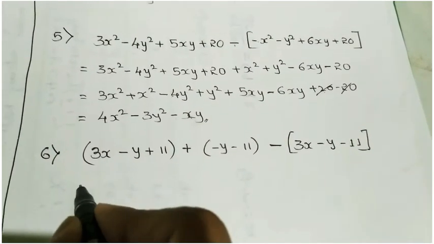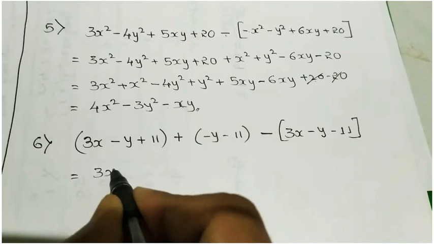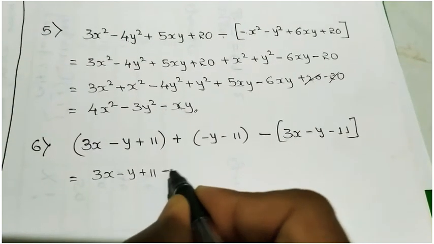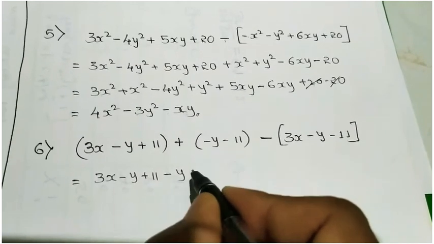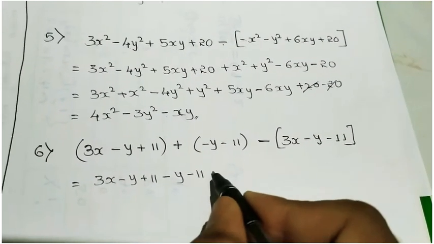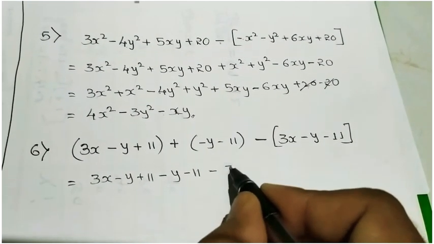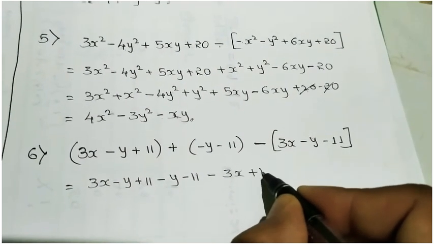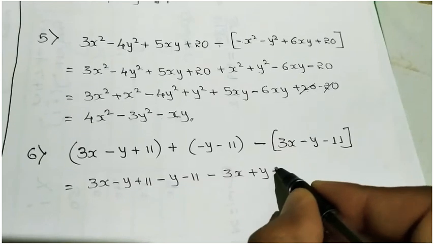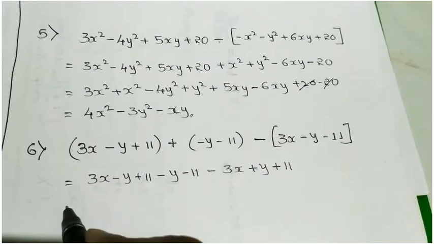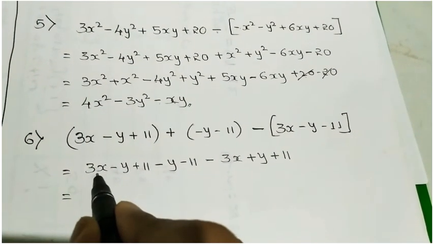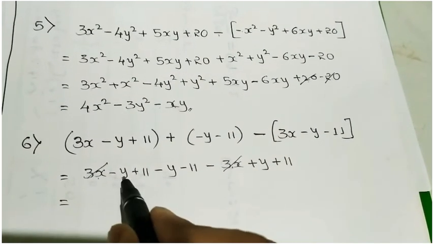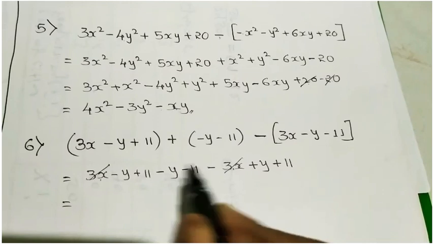Okay, so open that bracket, 3x minus y plus 11, plus into minus minus y, plus into minus minus 11. Okay, minus, so minus into 3x minus 3x, minus into minus y, it will be plus y, minus into minus plus 11. Okay, so now write the like terms one side, 3x minus 3x get cancelled, and minus y plus y.